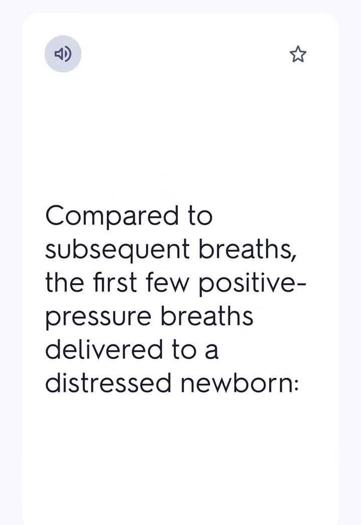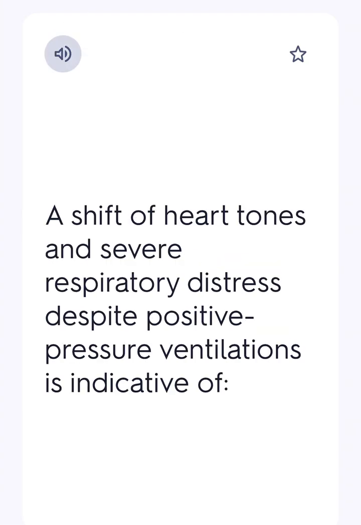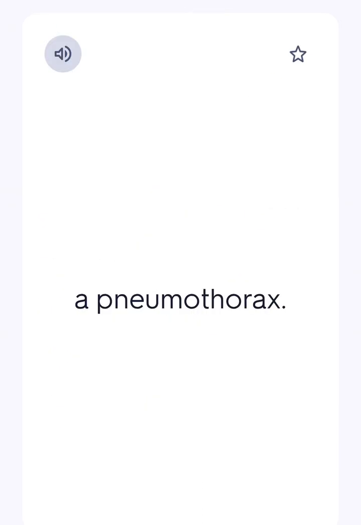Compared to subsequent breaths, the first few positive pressure breaths delivered to a distressed newborn may necessitate manual disabling of the pop-off valve. A shift of heart tones and severe respiratory distress despite positive pressure ventilations is indicative of a pneumothorax.